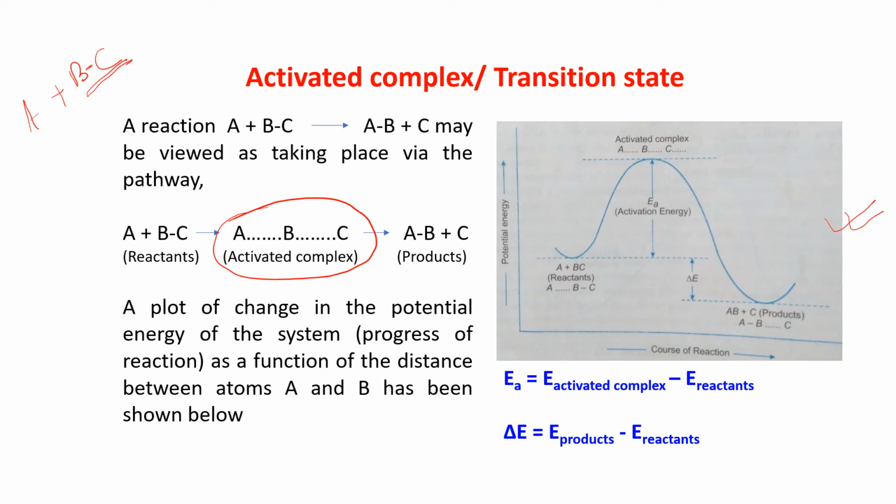Just see that this is the reactant A plus BC. Now A is far away from BC. When A attacks BC, this bond will break with the absorption of energy and the energy will start increasing like this. Then it reaches this stage, the activated complex.